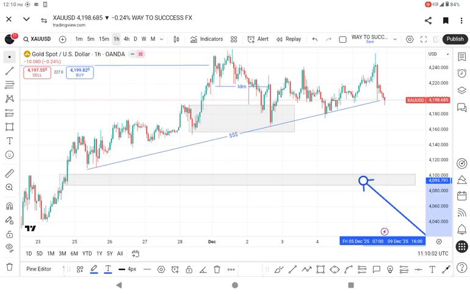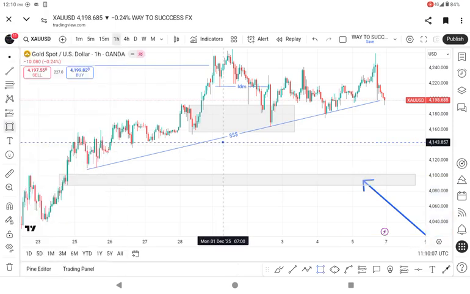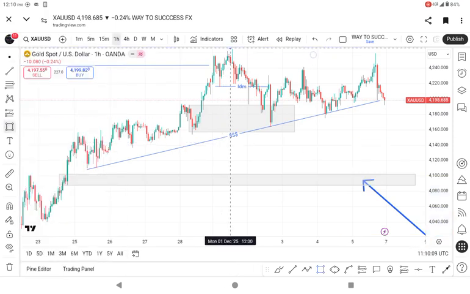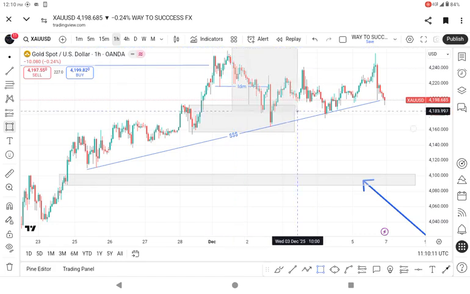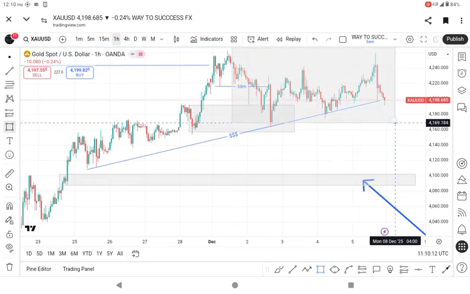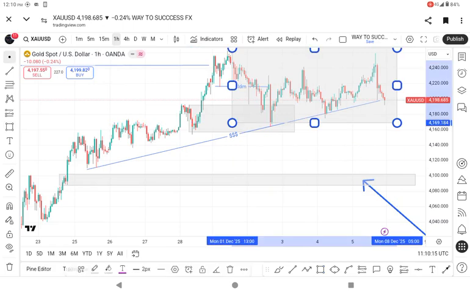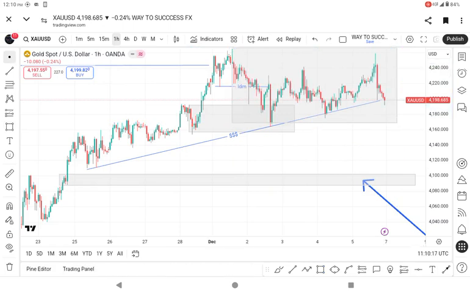Price is currently in a ranging zone. Price is currently ranging, nothing more than that. So that is all I can see for now. Until price comes to this level, that is when I'll be looking for anything to do on gold. But for this moment, I'm not going to do anything.